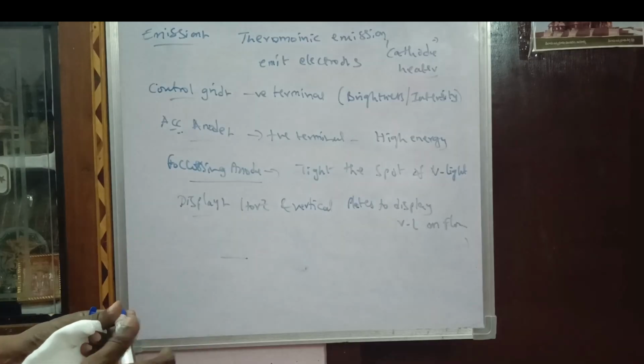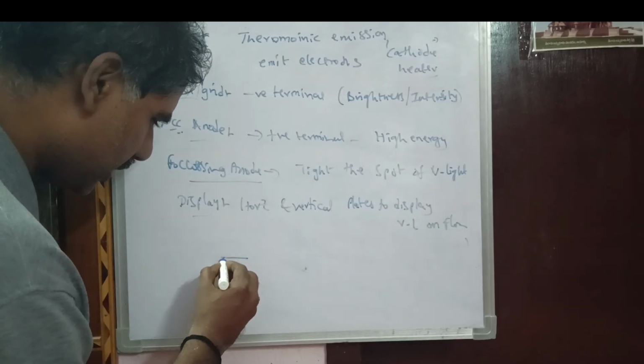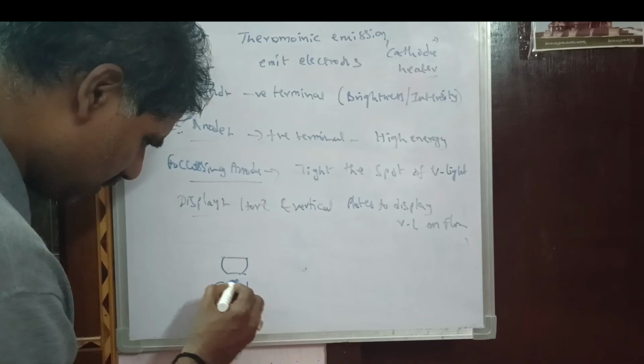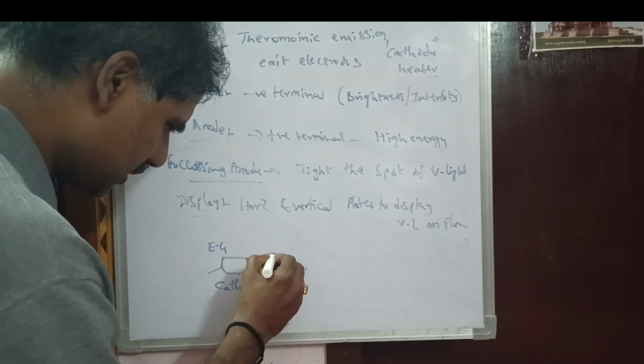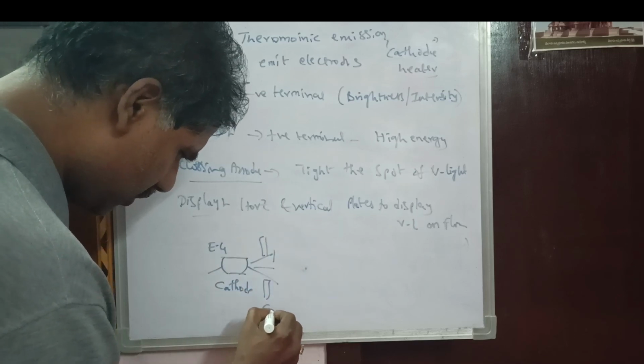Now I want to cover the diagram a little bit. We have a cathode terminal, nothing but the electron gun. In this, the light ray is transmitted by using a control grid.